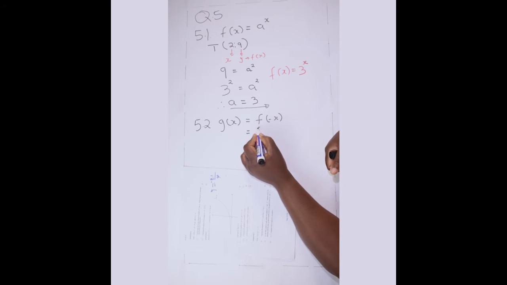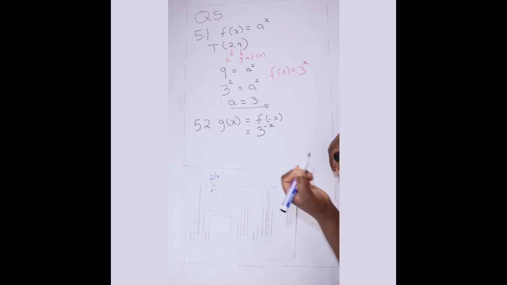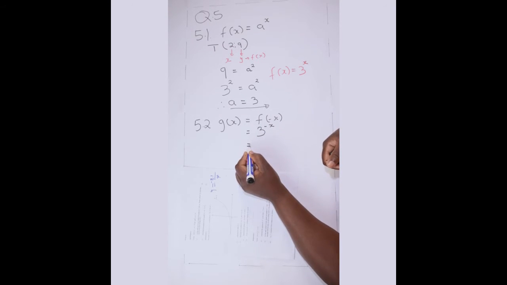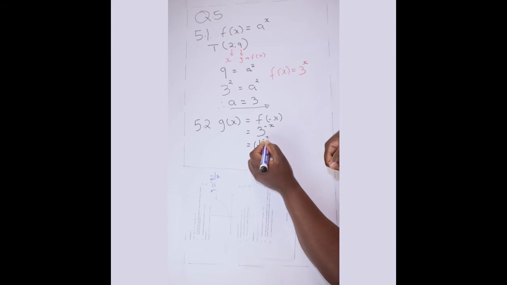So that is going to be 3^(-x) instead of 3^x. That can be written also as (1/3)^x, and that became a decreasing exponential graph. That is 1 mark, and you could have got it just like that by replacing the x value.